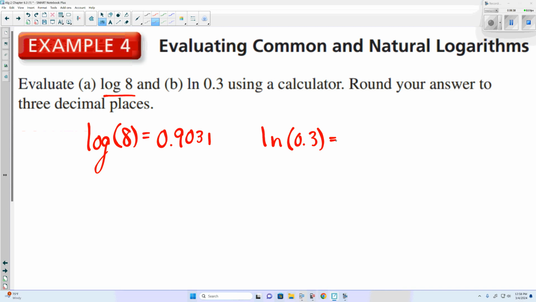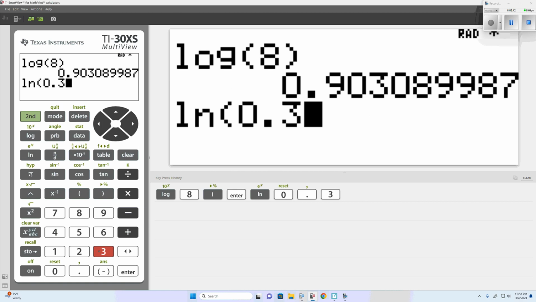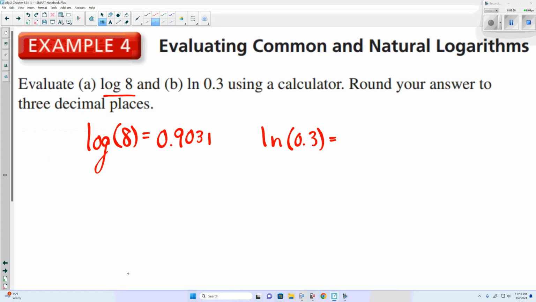Natural log of 0.3 is negative 1.2039 or negative 1.2040.